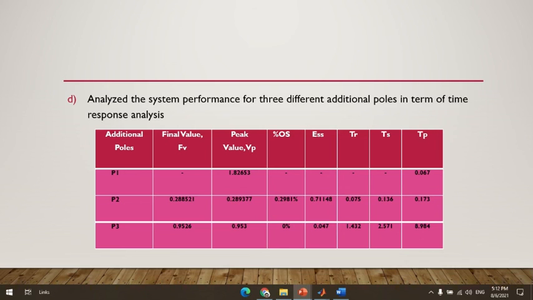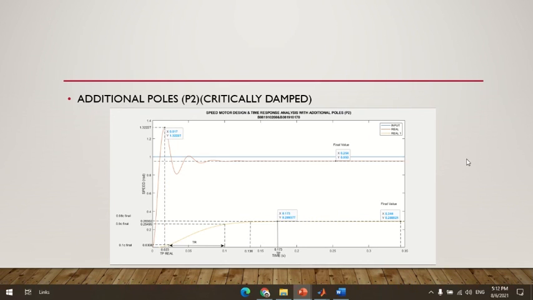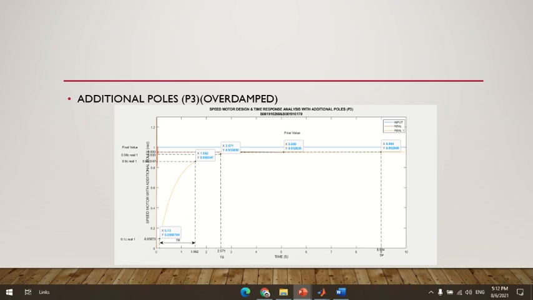And okay, next, this is the plotting data for each input P1, P2 and P3. So this is the complete labeling for the result, and the dominant poles, how far does the third pole have to be for its effect on the second order response to be negligible?